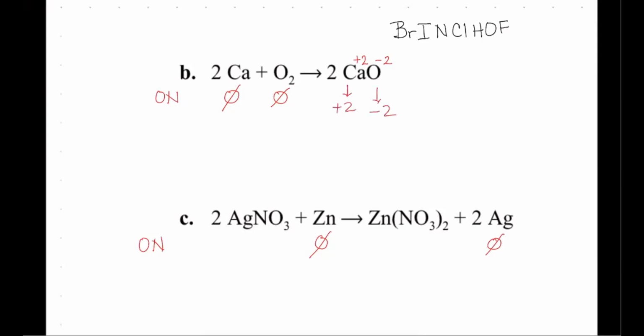So when we think about it in terms of what happened, here we have calcium and oxygen. Calcium went from 0 to +2. Oxygen went from 0 to -2. Whoever became negative undergoes reduction. But like we agreed earlier today, we're only using OIL RIG.